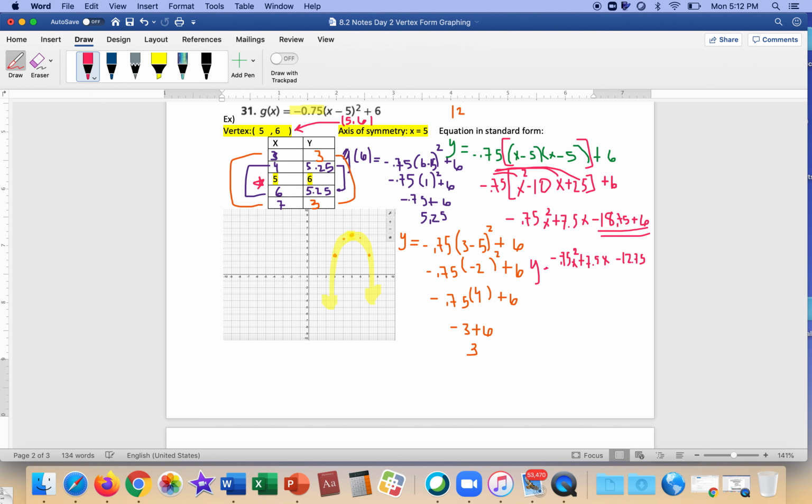So this is our equation. It's just now in standard form. A would be negative 0.75, B is 7.5, C is negative 12.75. So our y-intercept is C. If we plug in 0 for x, we'd get out negative 12.75. So touch down here as it starts to come out.